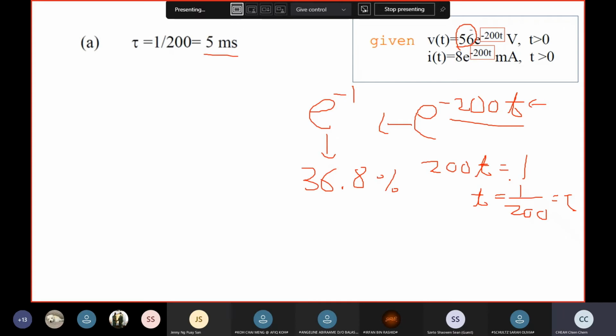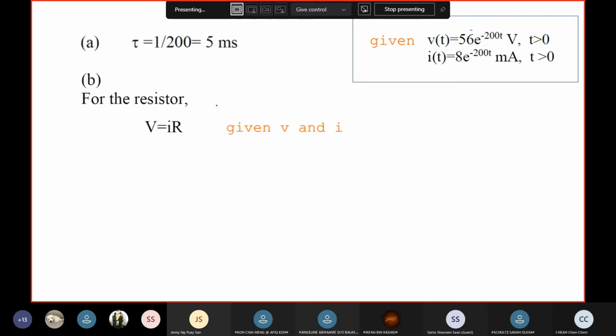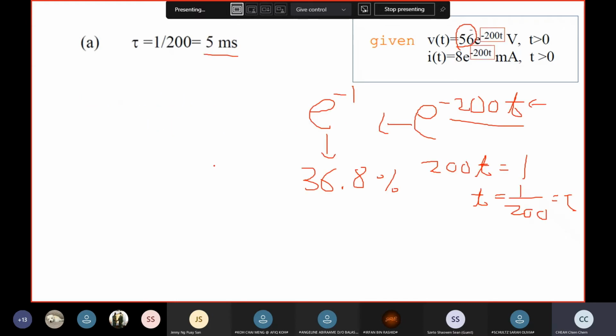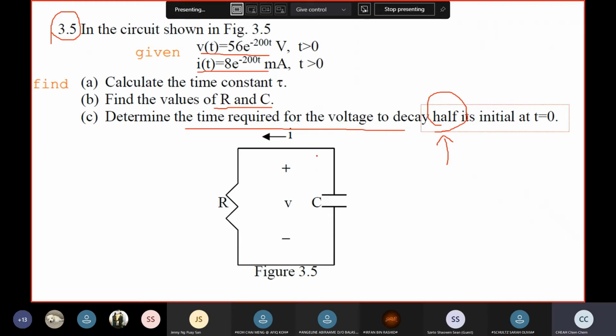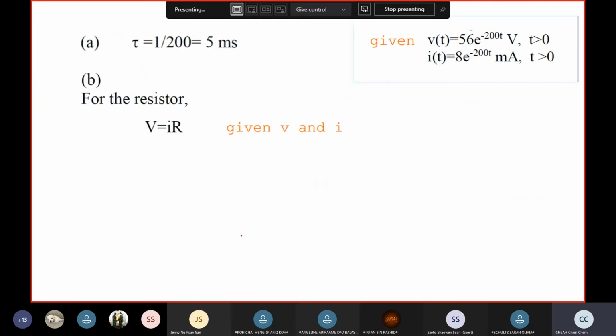Okay, next is to note that for the resistor, V is equal to I times RL. V and I are given. Over here, we substitute into Ohm's law. V is equal to I times RL.